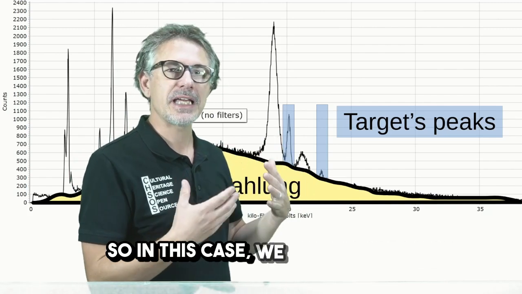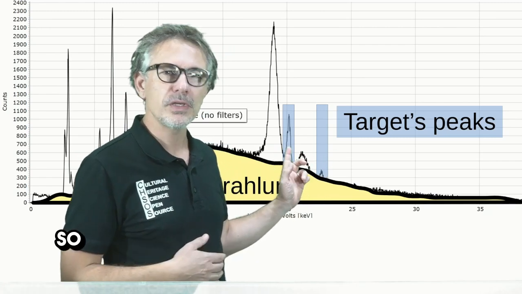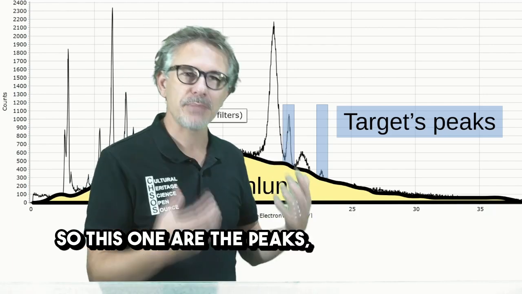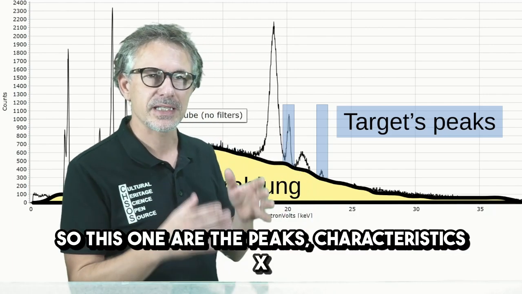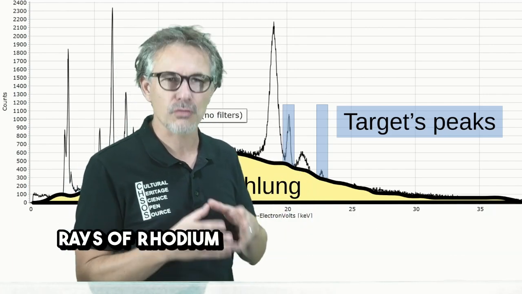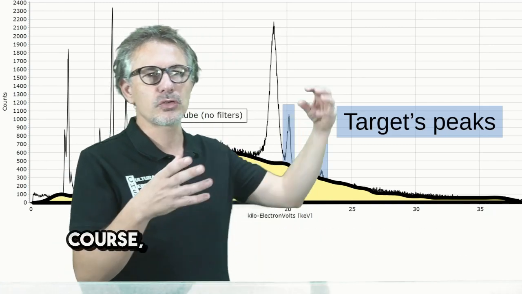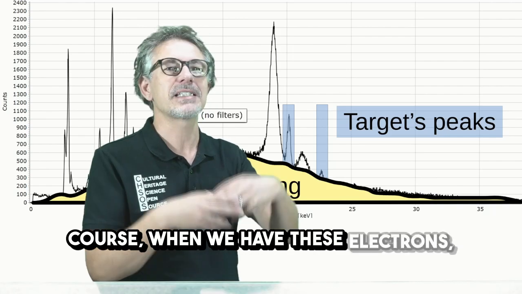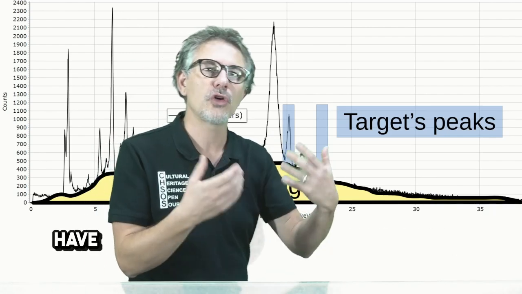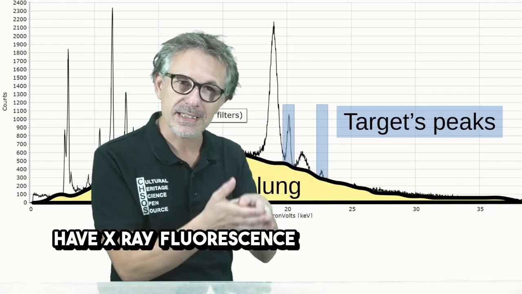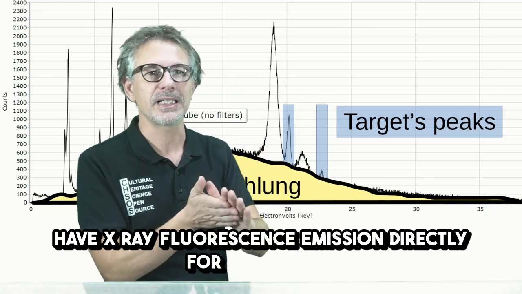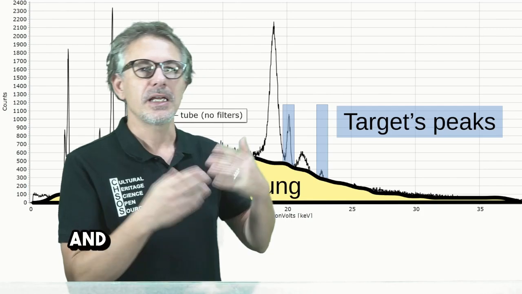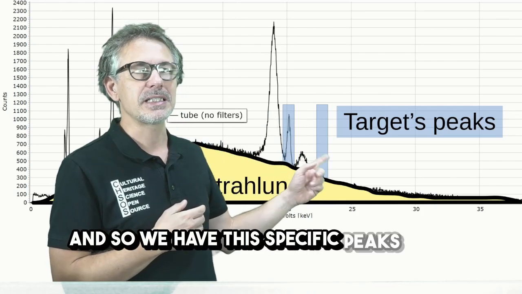In this case we use rhodium. So these are the characteristic X-rays of rhodium, and are emitted because, of course, when we have these electrons, we also have XRF fluorescence emission directly from the target. And so we have these specific peaks over here.